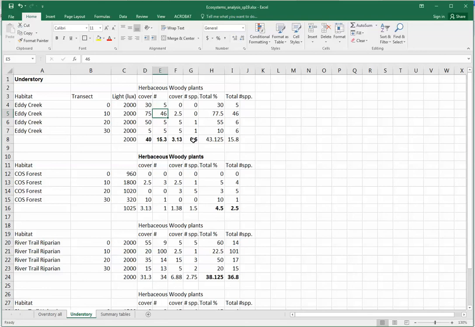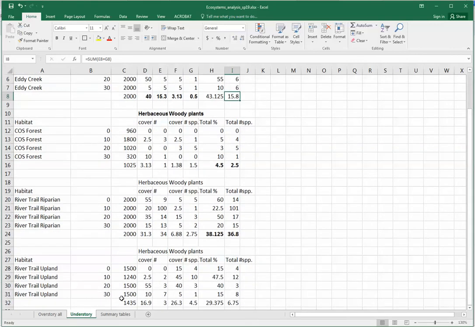This is the number for average number of species or species richness of woody plants. And then these are the average totals. So this would be the average total percent cover. This would be the average total number of species. So we can see we've got all the raw data here.